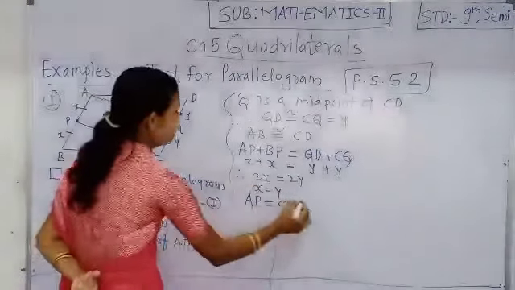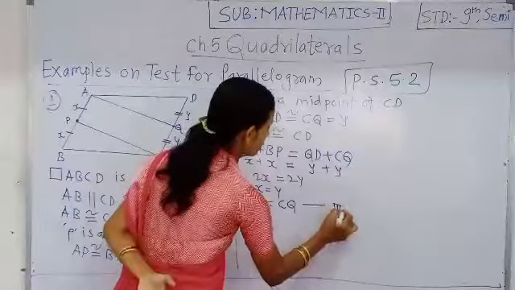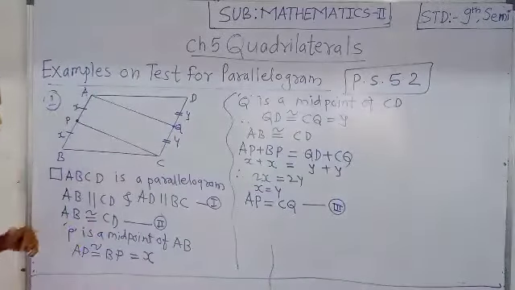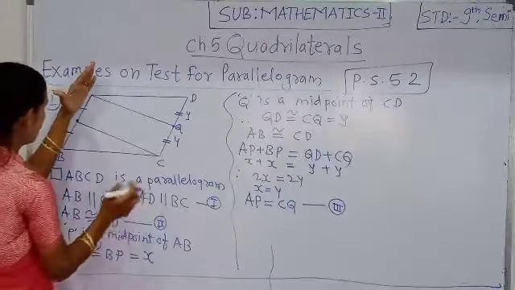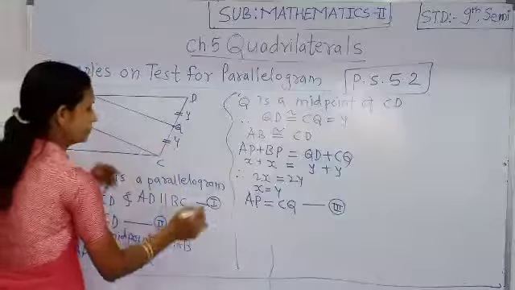Let this be equation number 3. Then see here, in equation number 1, AB is parallel to CD, isn't it?